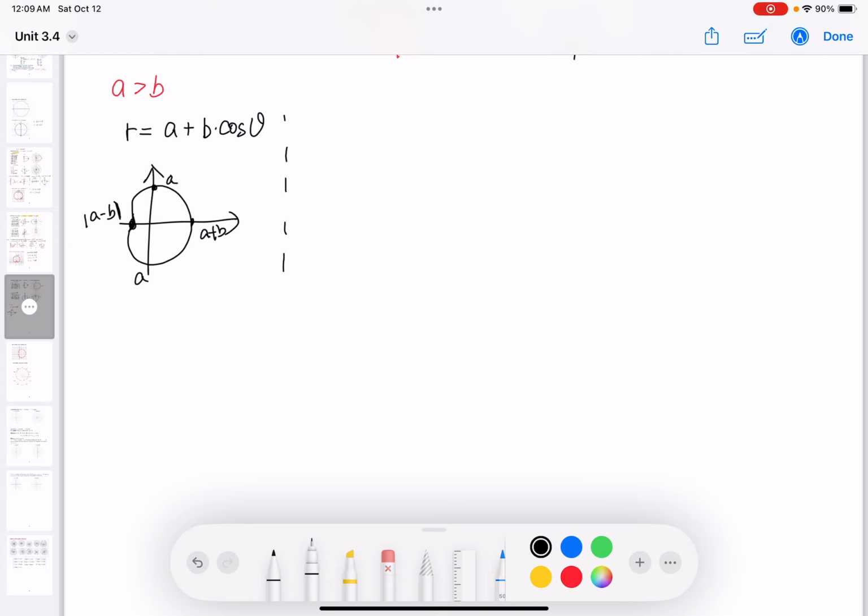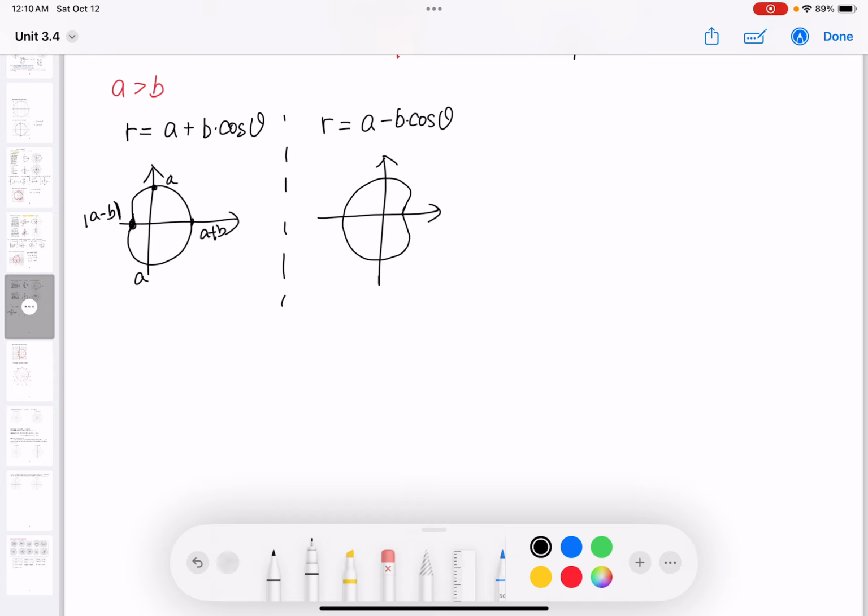And next one, let's say r is equal to a minus b times cosine theta. So if we have cosine and negative b times cosine, we are going to have my shape like this. I should graph a symmetric graph.